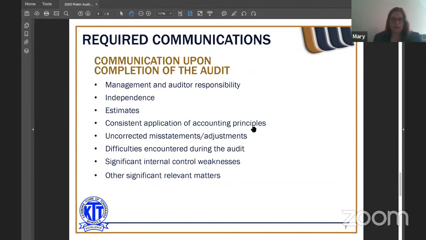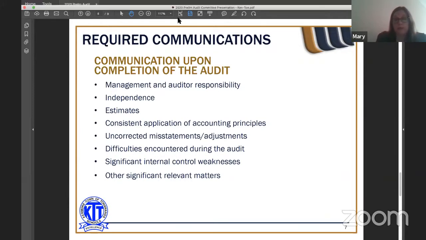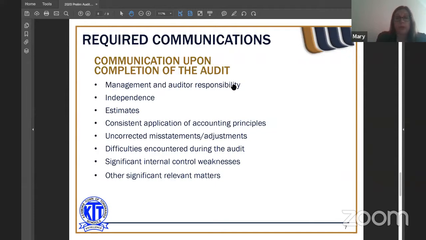Then we can take a look. We always have, as I mentioned, our required communications letter that we will give you at the completion of the audit. That just talks about management's responsibilities versus the auditors', independence, the estimates that are included within your financial statements, any new accounting principles that would be implemented, we would disclose those.